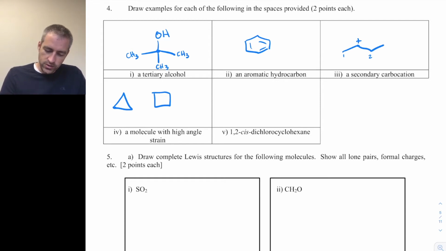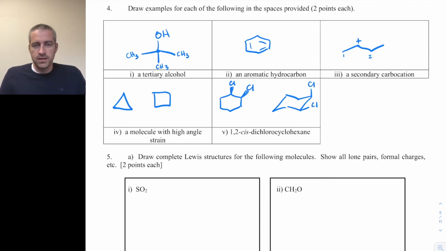I guess there's 2 ways you could draw this. One is you could draw it like Cl, Cl. So those are cis, or you could draw it like a chair. Something like that. There's lots of different ways you could draw that correctly as a chair. This is just one possible way of drawing that conformation.